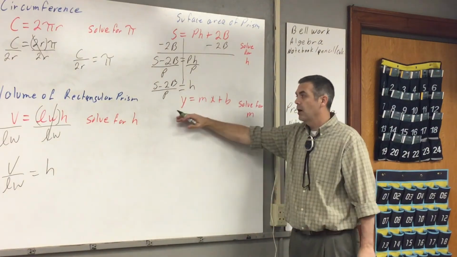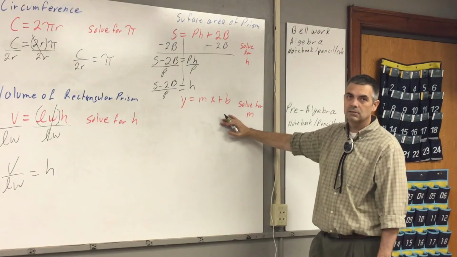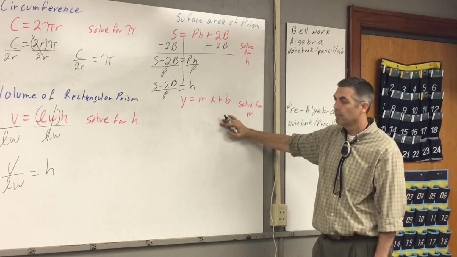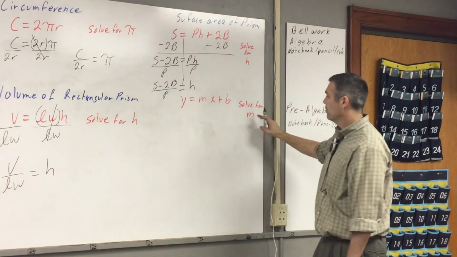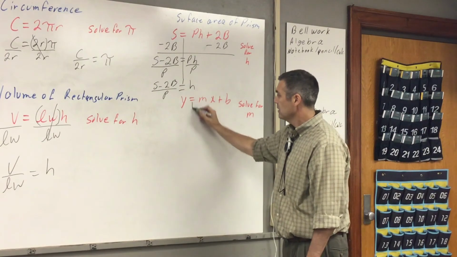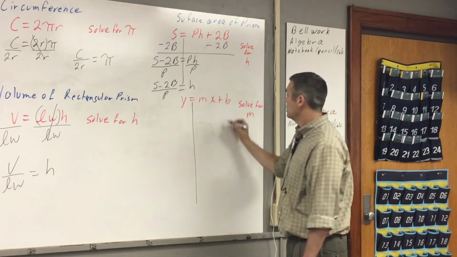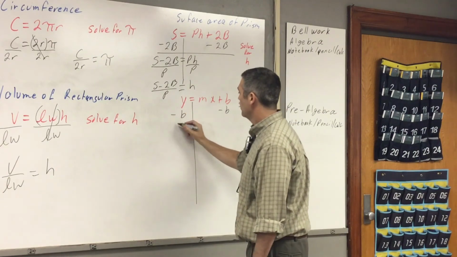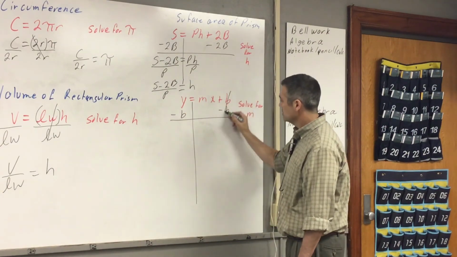Okay? y equals mx plus b. This is one that you're going to see. I guarantee you will see this. All right. Solve for m. So we want to solve for m. Same thing. Subtract b from both sides. Okay? That cancels that out.